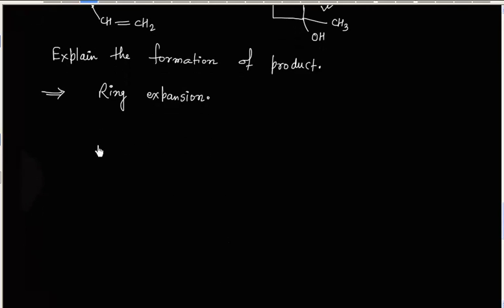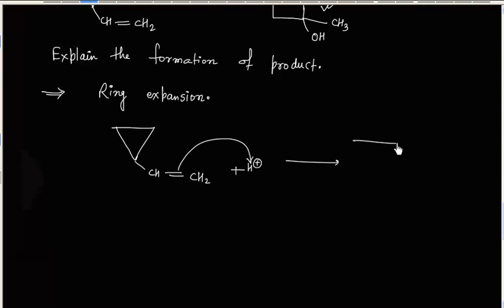First step is attack of H plus, and this will generate a carbocation. And in the next step, we can do ring expansion.